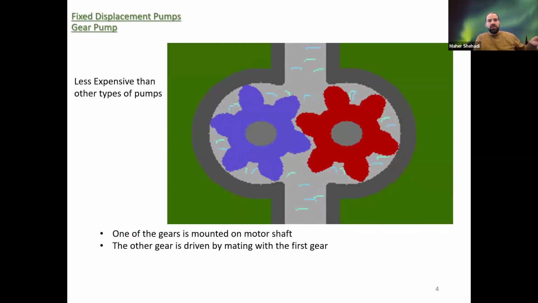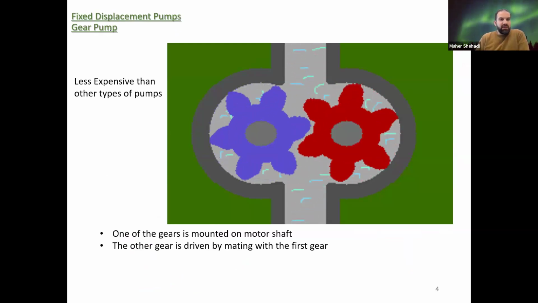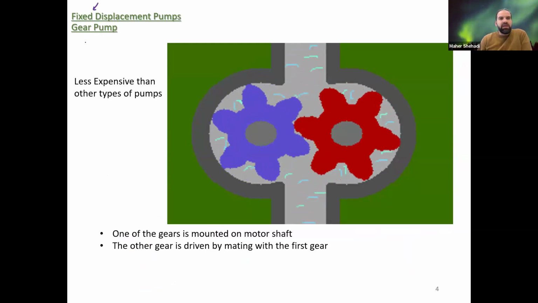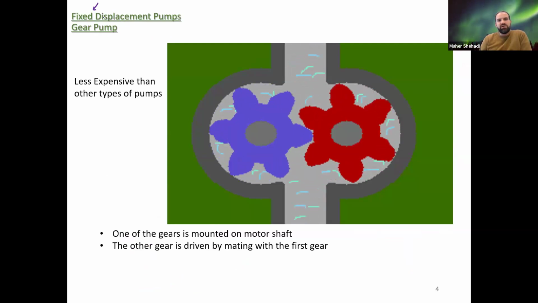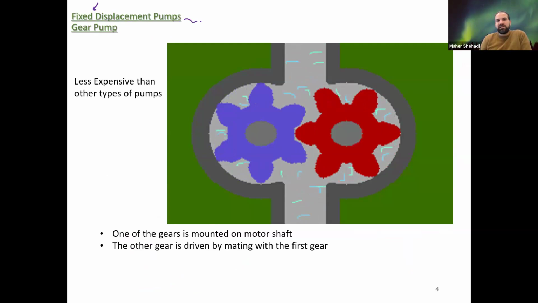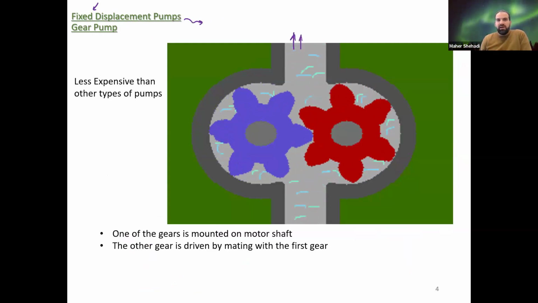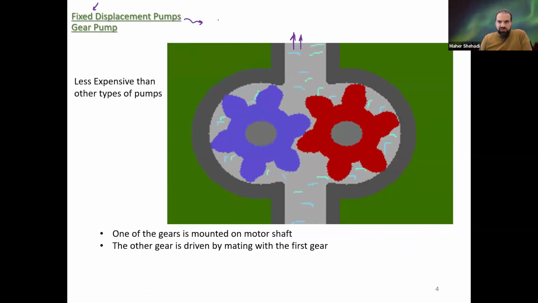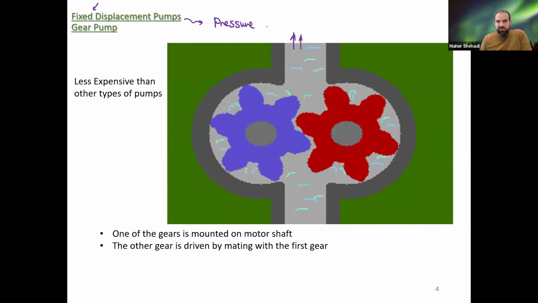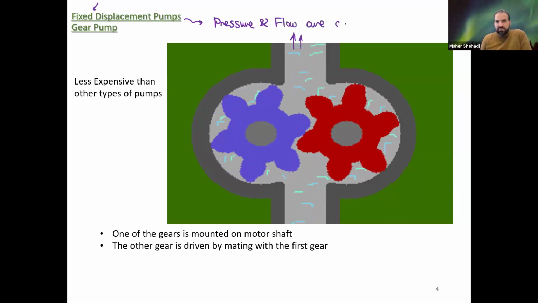In these slides, the first one we want to discuss is gear pumps. Again, we'll be discussing positive displacement pumps, and we'll start with what we call fixed displacement pumps. What fixed means is that the output of any of those fixed displacement pumps, which is mainly the pressure and flow, is constant.